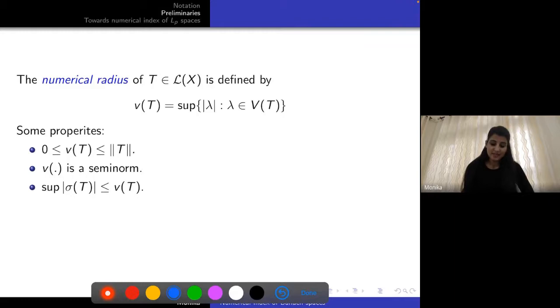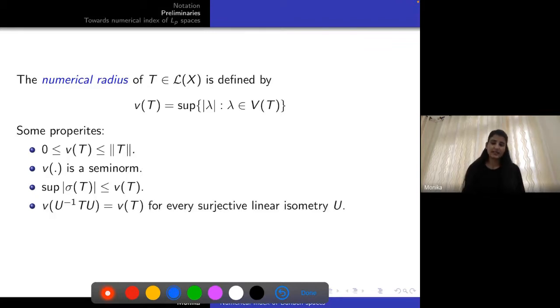And if we multiply the right-hand side by a surjective linear isometry and the left-hand side by its inverse, then the numerical radius is invariant under such multiplications, just like the numerical range. But the important property in this case is the numerical radius of T*, the adjoint operator, will coincide with the numerical radius of T.